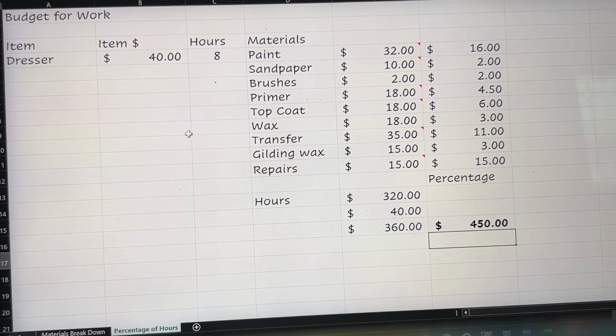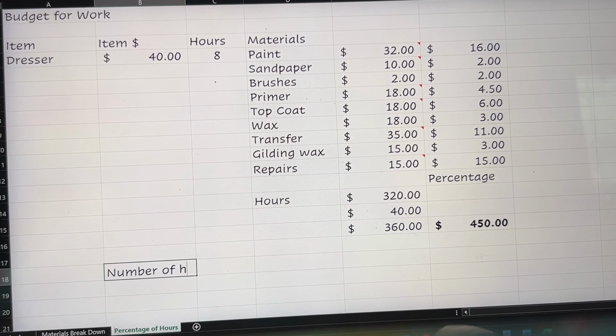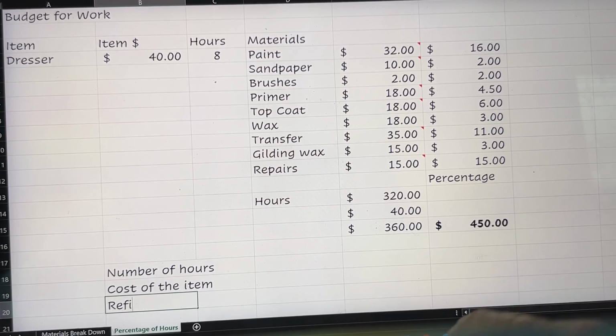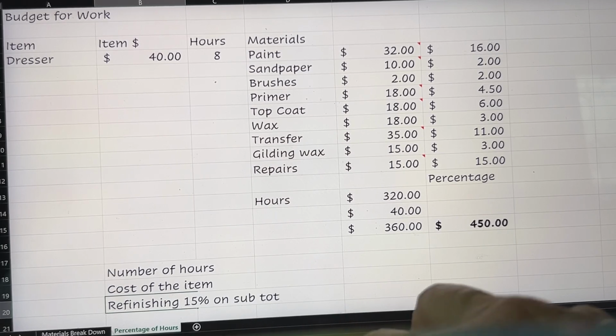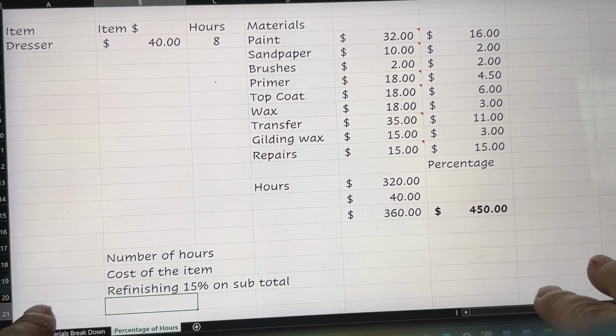Basically, all I did was I'll try to go over here and see if I can type the number of hours, the cost of the item, and refinishing or redesigning is 15% on the total, or on the subtotal. Let's call it the subtotal. It's very simple.